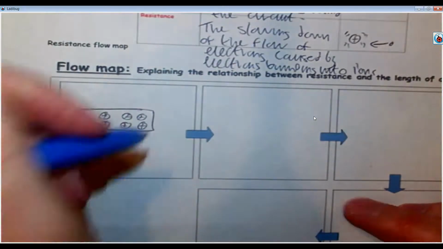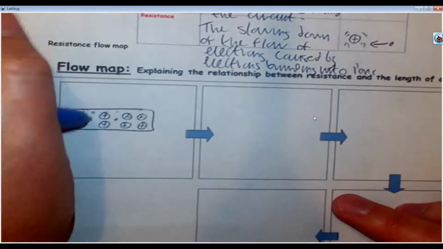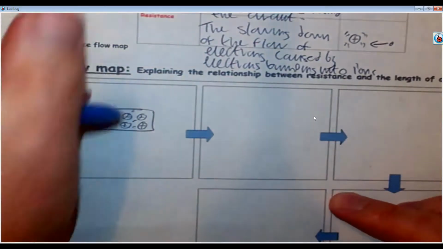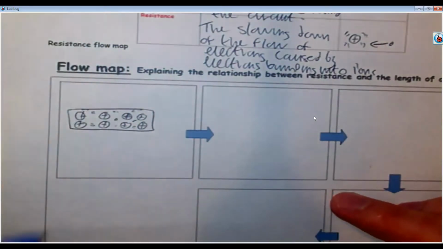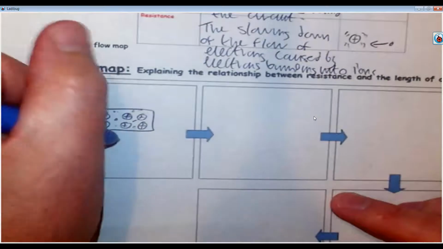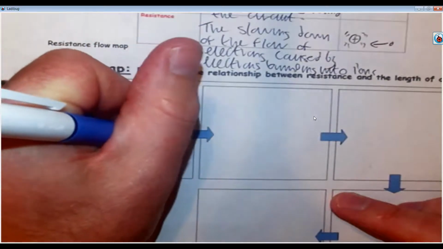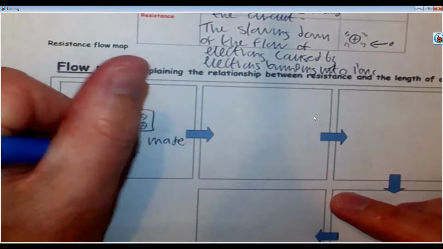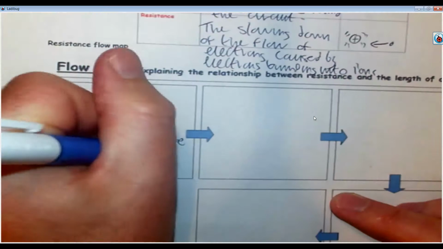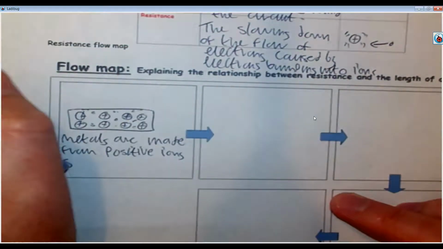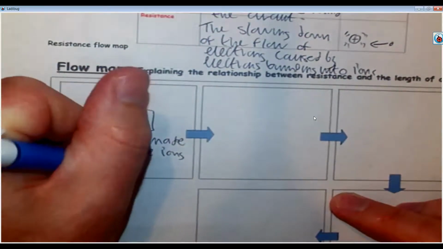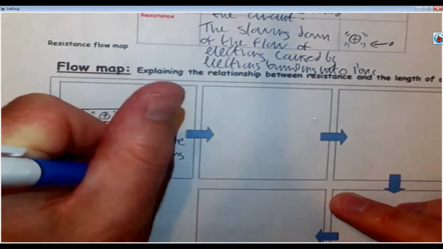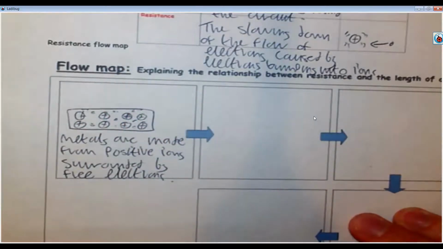And we're going to draw the free electrons that are moving between these ions, trying to get through the wire. So metals are made from positive ions surrounded by free electrons.